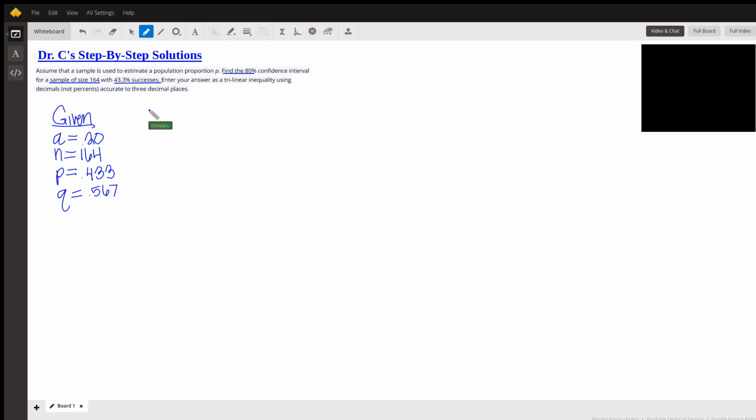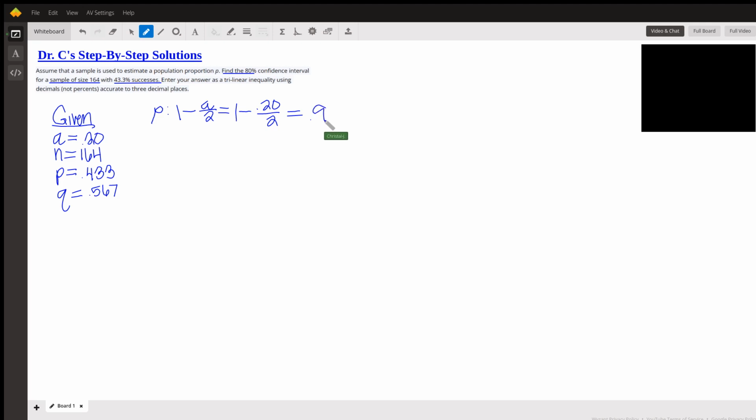Okay, so the first thing we need to do is calculate the critical value. P is equal to 1 minus alpha divided by 2. We're using 2 because a confidence interval is a range of values. So we do 1 minus 0.2 divided by 2, and that equals 0.9.